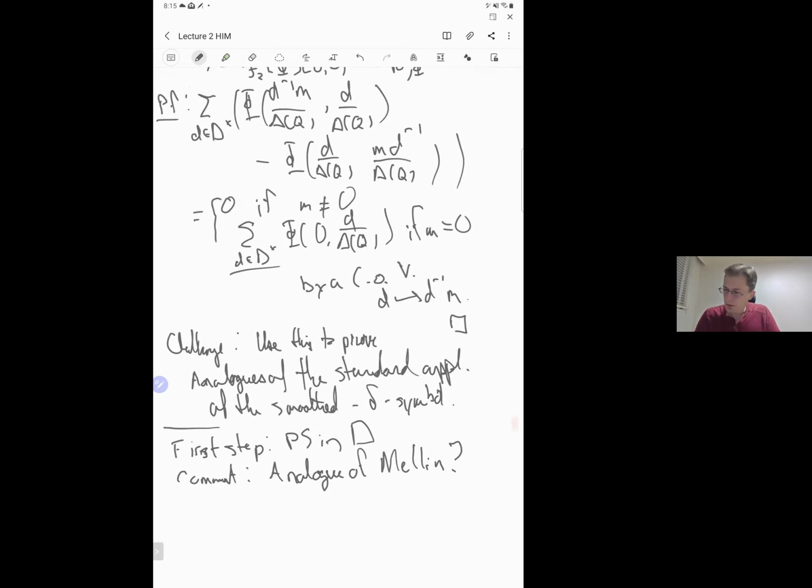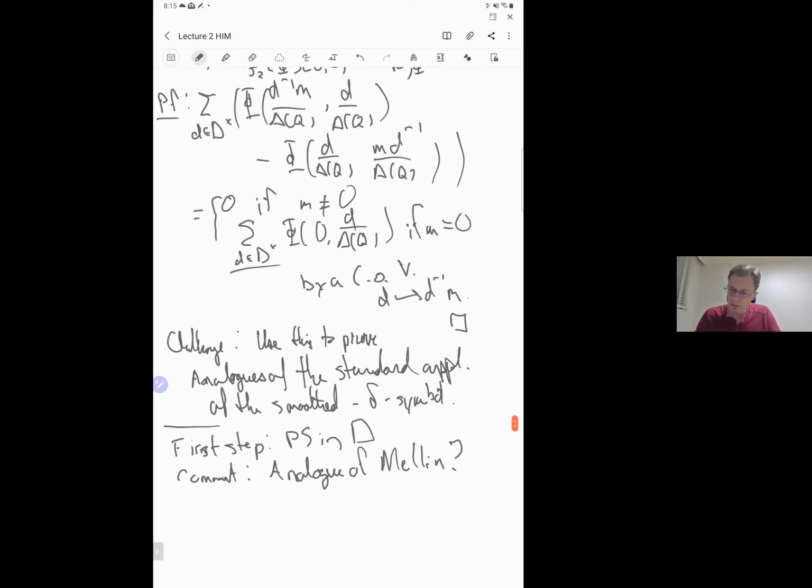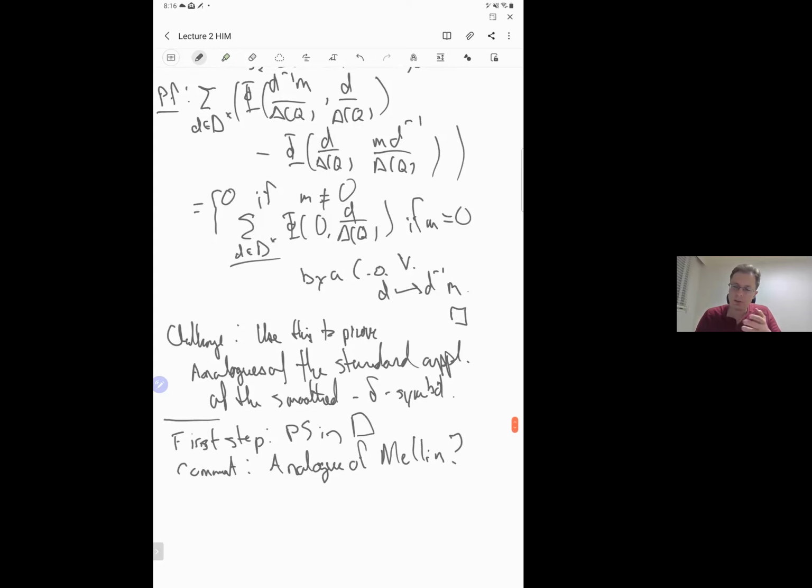So the fun thing here is that you can still do Mellin inversion, but the Mellin inversion is not going to give you something in terms of Hecke characters.